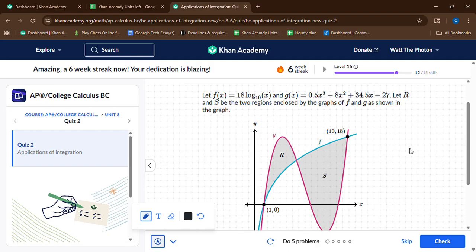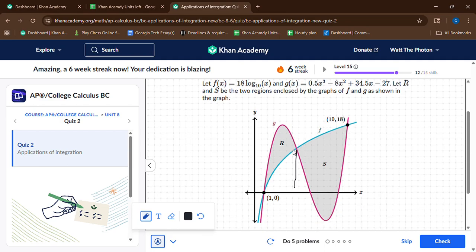So the intersect at x equals 4.506165, just about that. So that's the x value of this, just about 4.5.